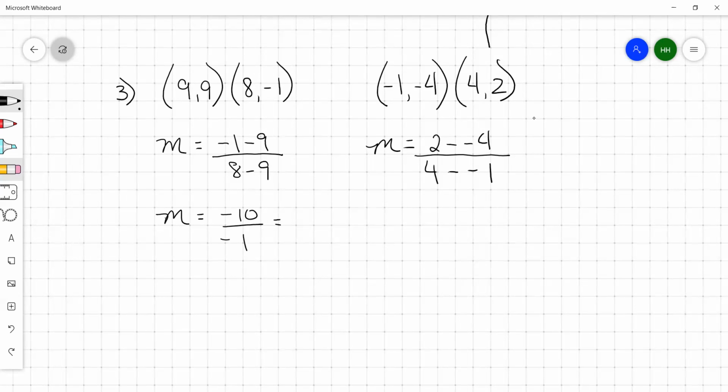And -10 divided by -1 is +10. Two minus -4, we're going to keep change. So that's a 6. 4 minus -1, keep change. That's a 5. So the slope of this line is 6/5. Are they parallel? No. Slopes are different.